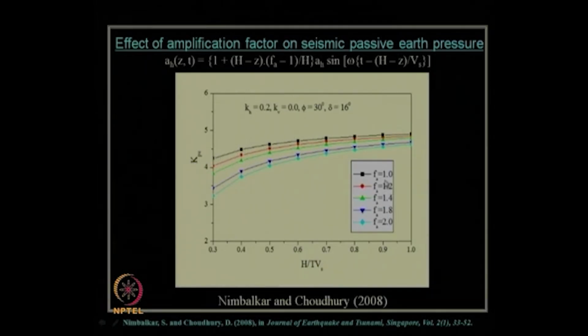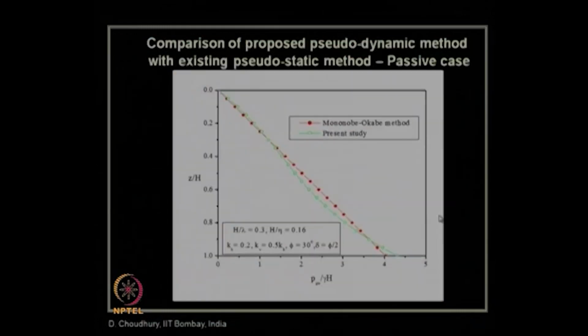But if there is an amplification in the soil, suppose your soil gets amplified 1.4 times or 2 times, then in that case the design value of Kp is still decreasing. What does it mean? That means the design value should be much lower than what it is for the non-amplified soil. Clear? So, this criticality can also be captured in the case of the pseudodynamic approach, which is not possible in the case of the pseudostatic approach. So, all these are advantages of the pseudodynamic method.